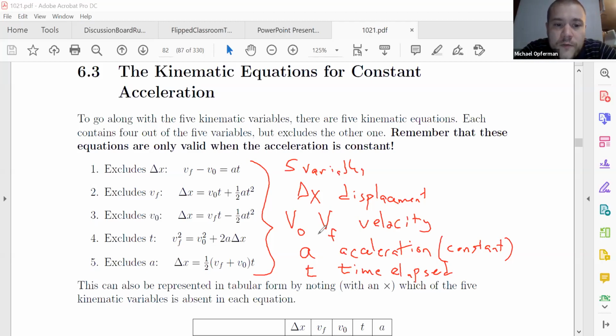Second equation has all the variables except VF. The third equation has all the variables except VO, and so on. So as a result, once you have access to these 5 equations, if I give you any 3 of the 5 kinematic variables, you can solve for the other 2, because the equations actually only have 4 variables in them.